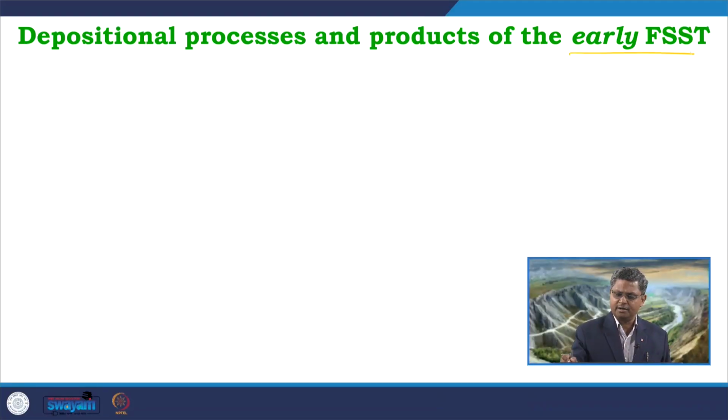So, we can try to understand what are the different depositional processes that commonly go on during this falling stage systems tract, or during this phase of forced regression. We can divide this entire phase of falling stage systems tract into two divisions. One, the early falling stage systems tract, and then the late falling stage systems tract.